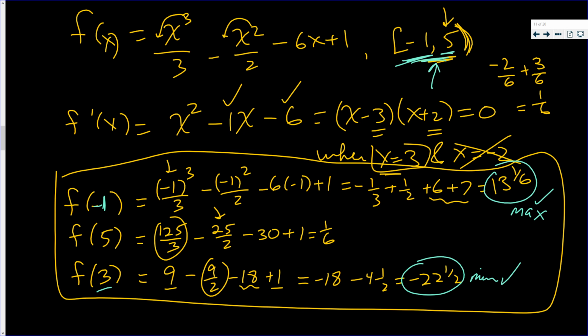If it turned out that f of 5 was 290, we would say no max because 5 is not allowed to be in there. But it wasn't 290, it was 1/6, and everything worked out nicely. This completes the video on Extrema on an interval.